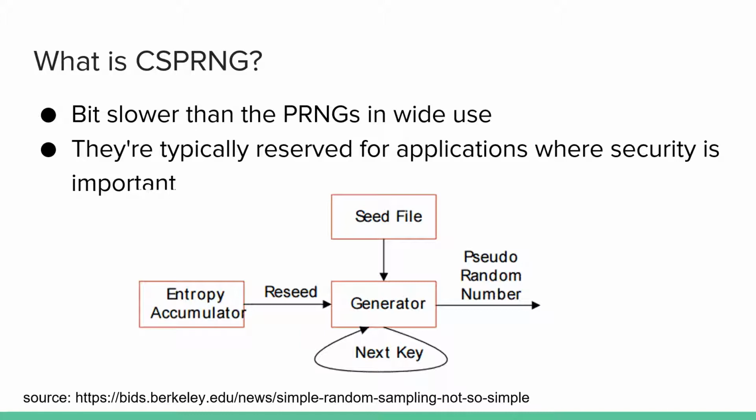It has three steps like we discussed: the entropy accumulator, the generator, and the seed file. As can be seen from the figure, the accumulator produces seeds, the seed file writes and updates the seeds, and the generator actually gives the random number, which is the output that we are interested in. And the generator also keeps taking in a key every time and updates the key for the next iteration.